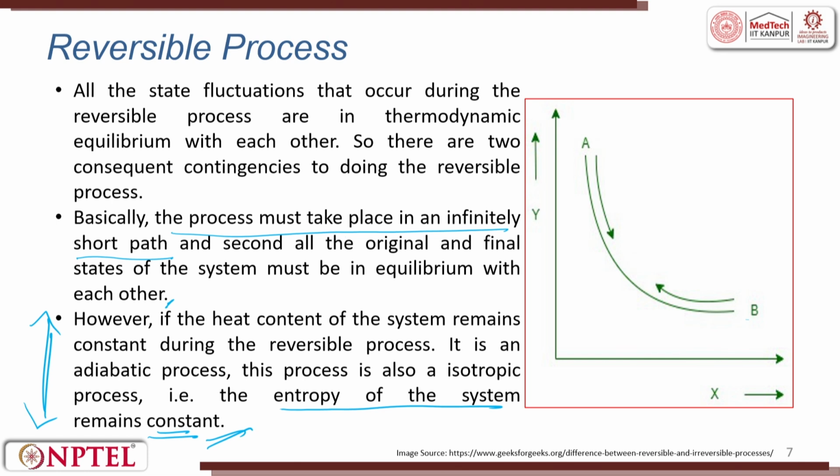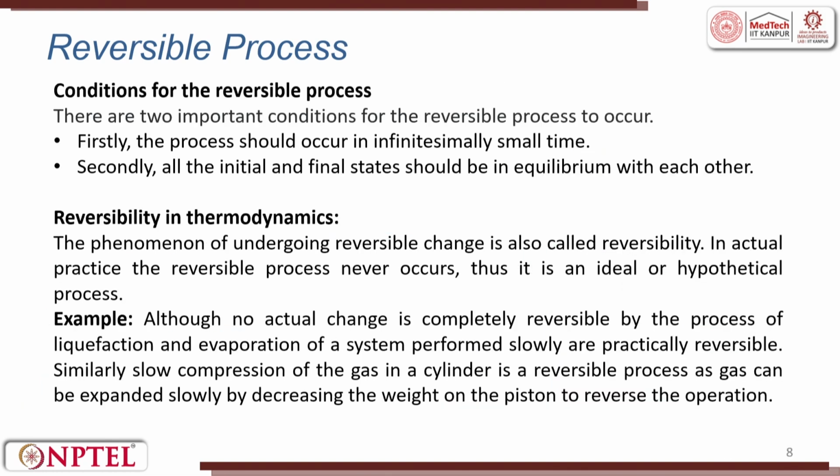If the heat content of the system remains constant, which is very difficult in reality, during a reversible process, it can be an adiabatic process. This process is also called an isentropic process. So, when the temperature is constant, right, heat is constant because there is no difference in temperature, then the entropy of the system also remains constant.